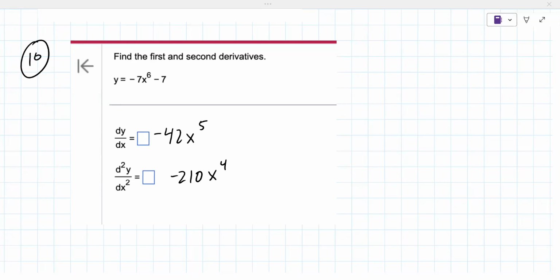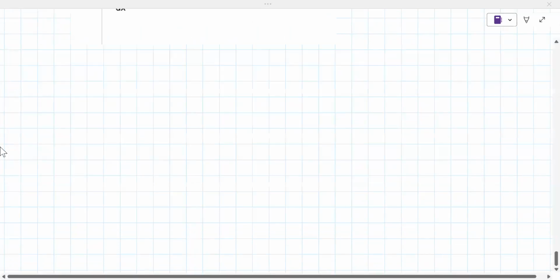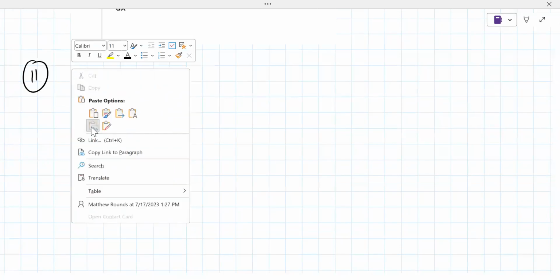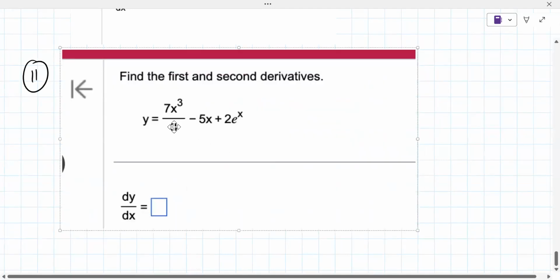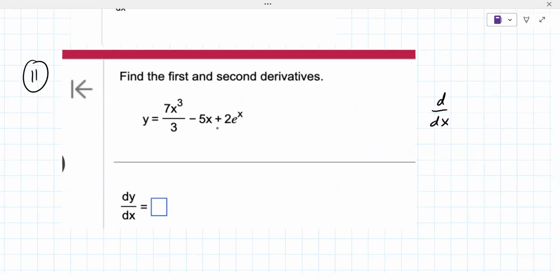All right, so we got another question here. 11. This one will require a little bit of explanation from me, not a ton. The first two, 7x cubed over 3 minus 5x, you know how to take the derivative. Now, the derivative of e to the x is e to the x, but you have this constant in front. There's a couple ways to look at it.